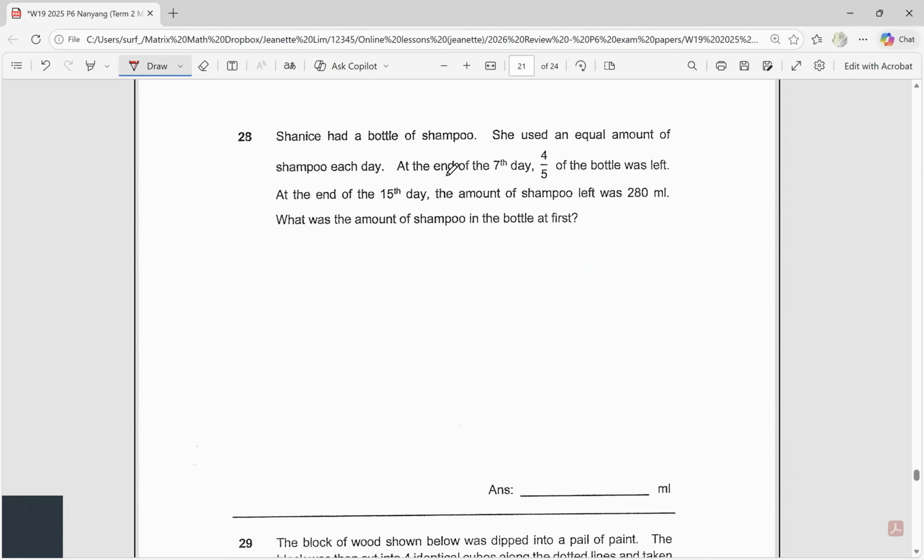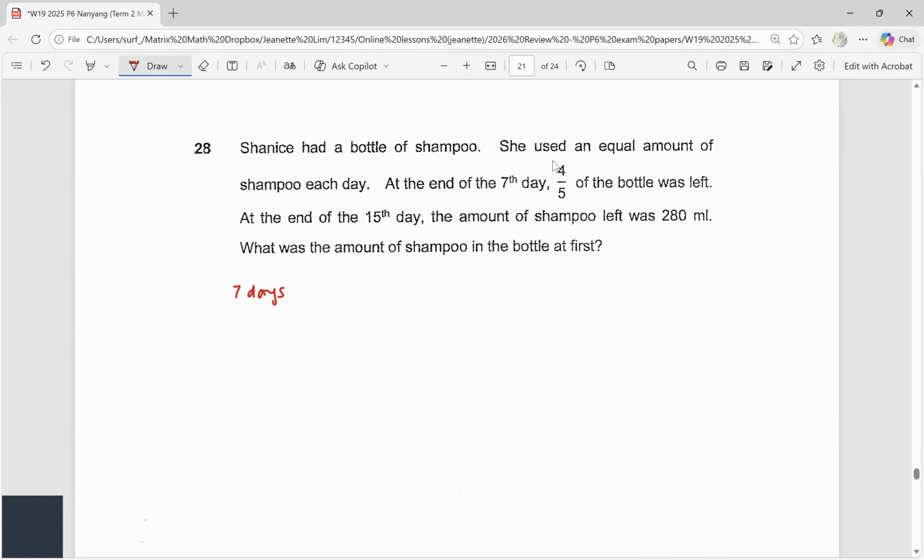Okay, because she used equal amount every day, right? By the end of the 7th day, so 7 days have passed, 4/5 was left, which means that in that 7 days, she used 1/5 of the bottle.